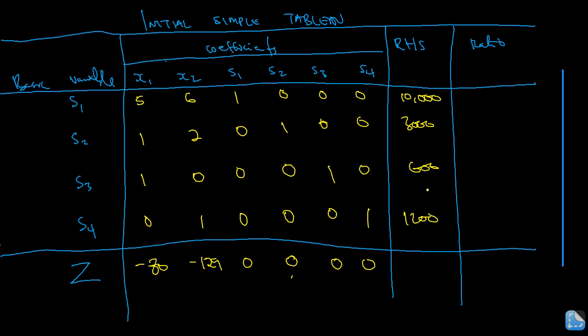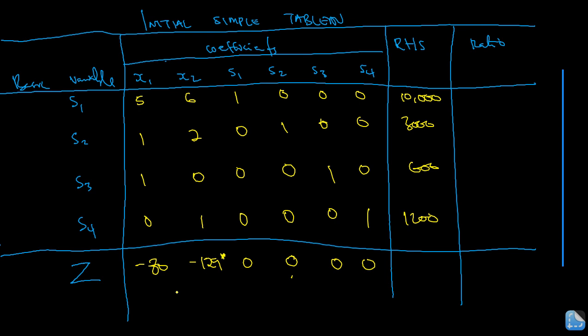And we are going to realize that 129 is the smallest negative value.